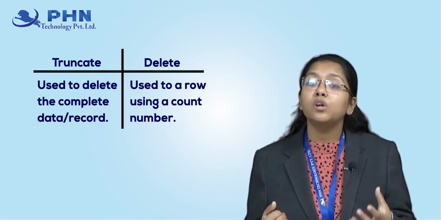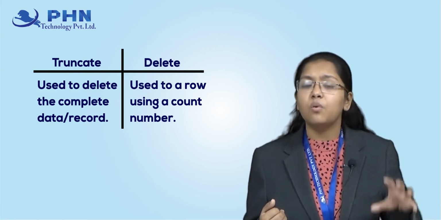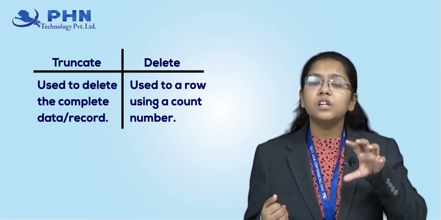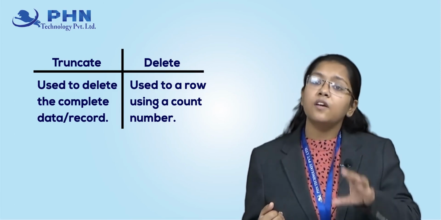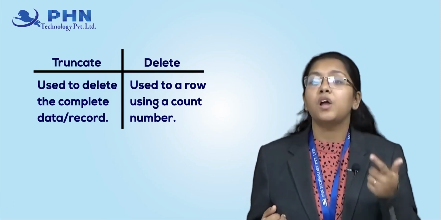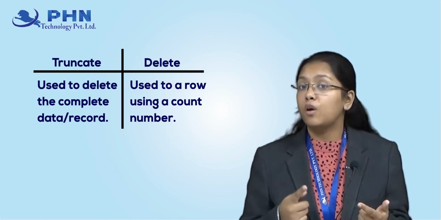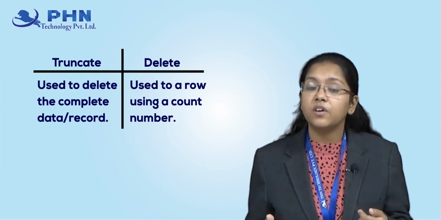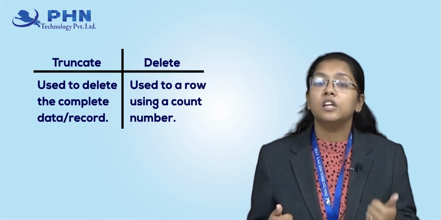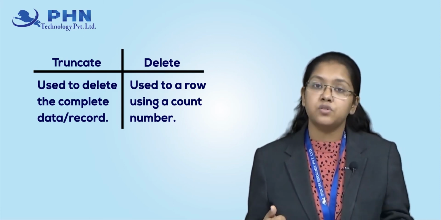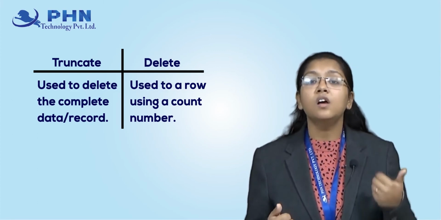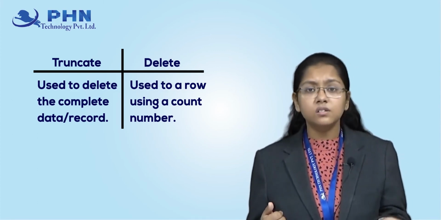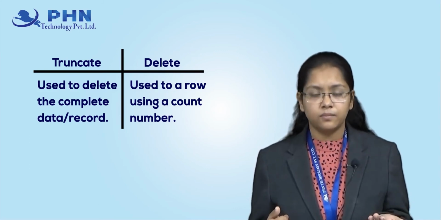But if you want to delete selective rows, only those rows which are not appropriate for the database, then you can do this with the delete command, not with the truncate command. The truncate command helps you delete all the records, whereas the delete command helps you delete the selected records, selected by the developer or the coder or the database manager.